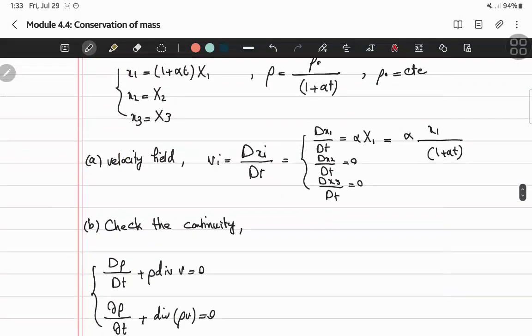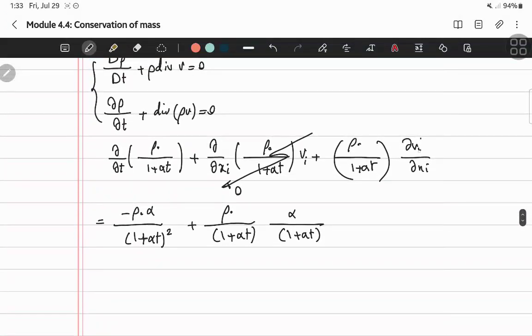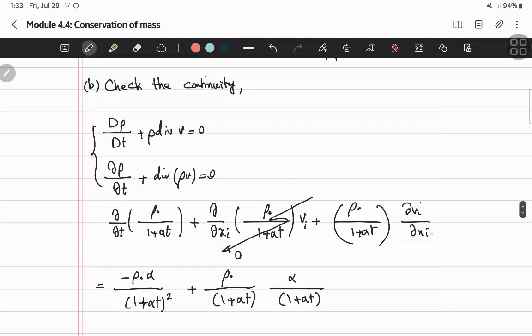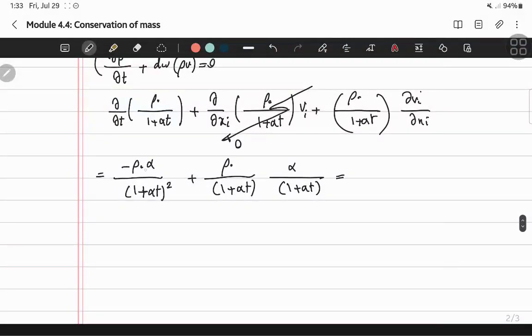The partial derivative of v2, which is 0, with respect to x2 is 0, and v3's partial derivative with respect to x3 is also 0. So this term is rho 0 alpha divided by 1 plus alpha t squared, and the sum is 0. So this is satisfied.